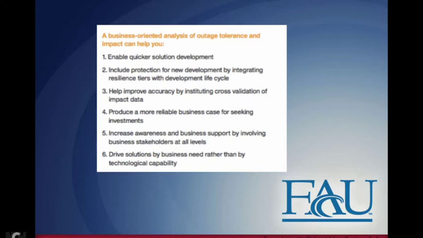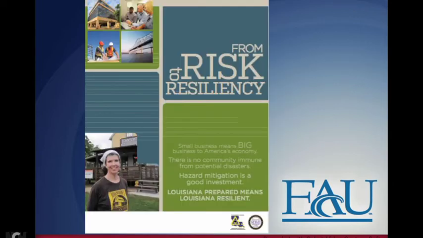So if you think about what the implications of outage are, these are the things that you will contemplate, including protection for new development by integrating resilience tiers within the development lifecycle, improving accuracy by instituting cross-validation of impact data, producing more reliable business cases for seeking investments, creating awareness of business support for involving business stakeholders at all levels, and driving solutions by business need rather than by technological capability.